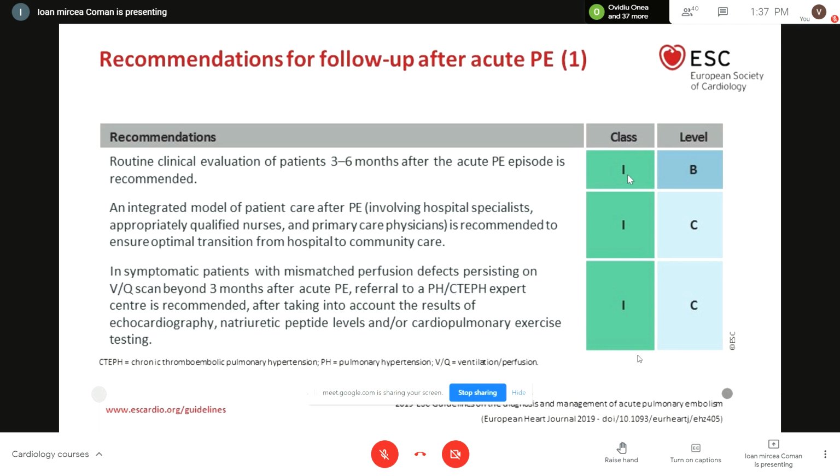So any patient with dyspnea persistent more than 3 months should be seen by echo, and if there is a suspicion of chronic pulmonary hypertension, then a catheterization is done, and the patient is a candidate for surgery, so-called pulmonary endarterectomy, which is a high-risk surgery, but which, when successful, will bring the patient back to a normal life. That's all. If you have questions.